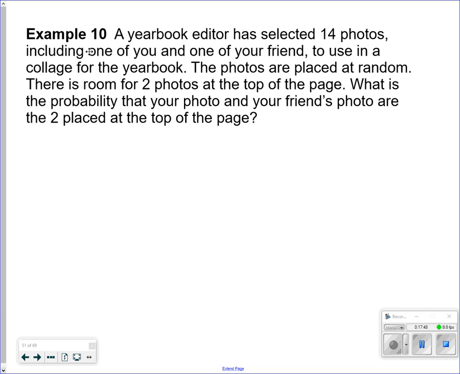Last one. A yearbook editor selected 14 photos, including one of you and your friend, to use in a collage of the yearbook. The photos are placed at random. There's room for 2 photos at the top of the page. What is the probability that your photo and your friend's photo are the 2 placed at the top? So how many different ways can you get 2 photos out of 14?